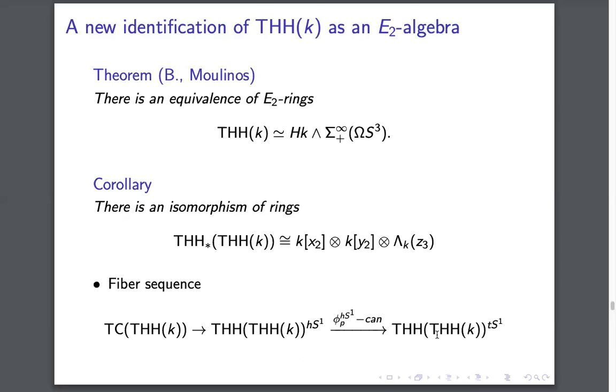I will not have time to get into that, but we show that THH of K is also what's called a graded ring spectrum, and we show that there are splittings on the topological negative cyclic homology of such things. But yeah, I will not have time to get into that, so I better stop here. Okay, yeah, thanks for listening.